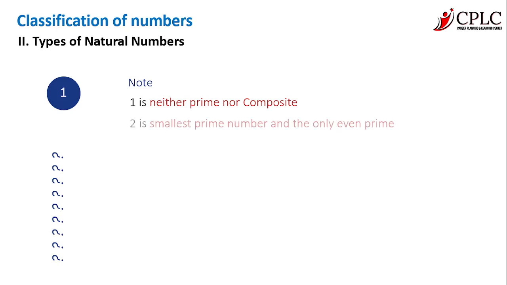Then point number two, 2 is the smallest prime number and the only even prime number. So you would realize apart from 2, there is no other even number which is a prime number. So only 2 is the even prime number basically. So these are the two more pointers that we need to understand.